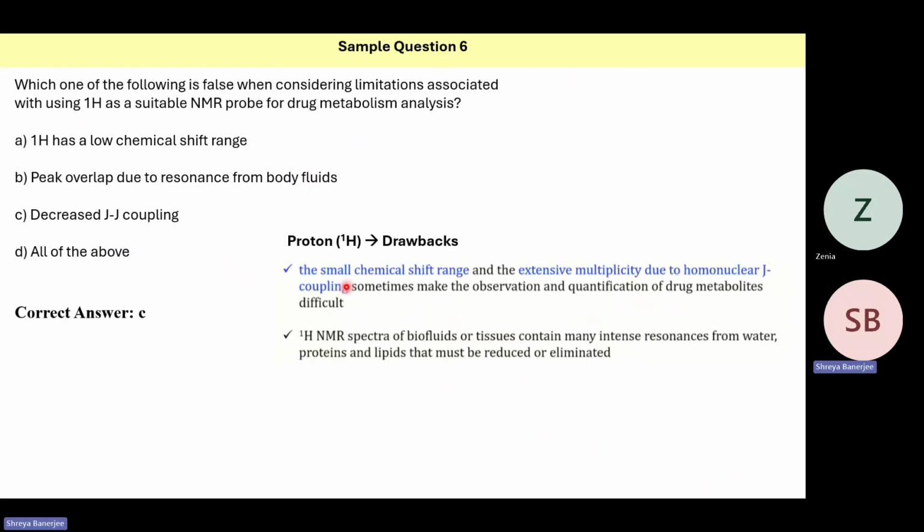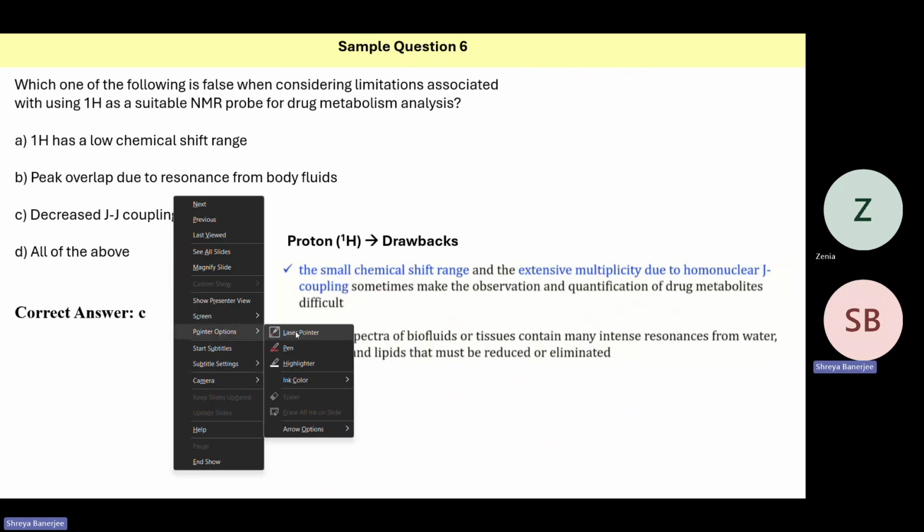So here again, if you look at the drawbacks of 1H, 1H has a low chemical shift range.